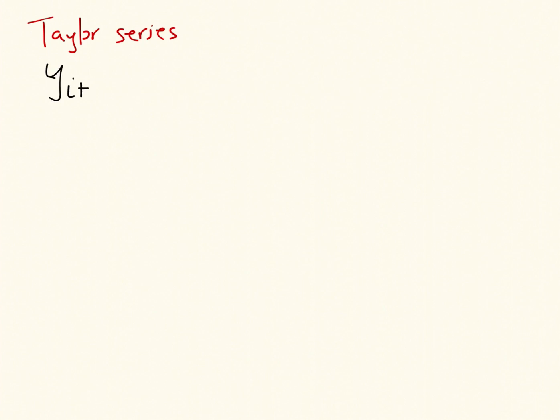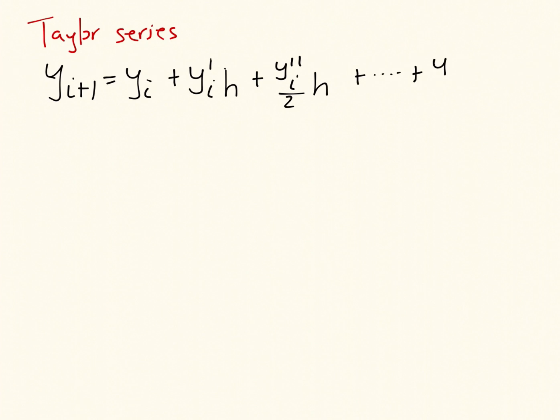We can write the Taylor series as y at some location i plus 1 is equal to y at some location i that we know, plus the derivative of y at i times some step size, plus y double prime at i over 2 times some step size squared, plus a whole bunch more terms. We have as many terms as we want, up to the nth derivative of y at i divided by n factorial times h to the n, plus, and this series goes on to infinity.